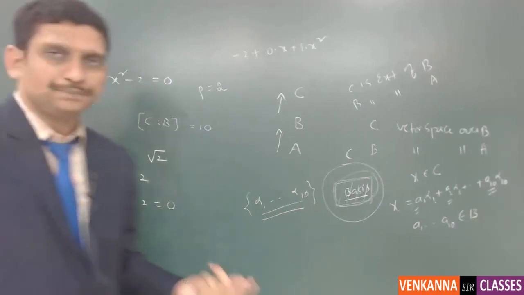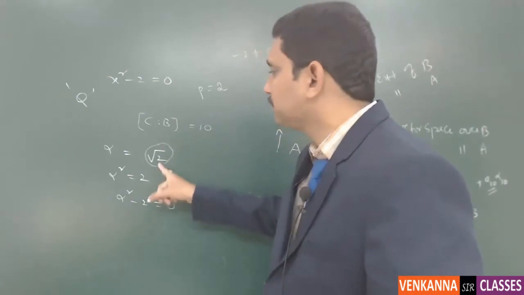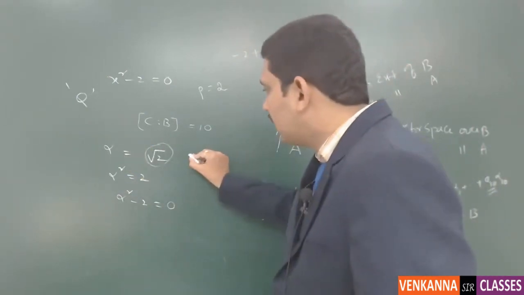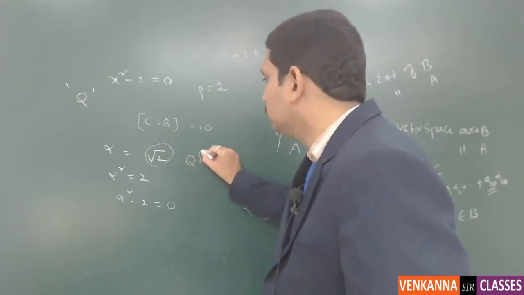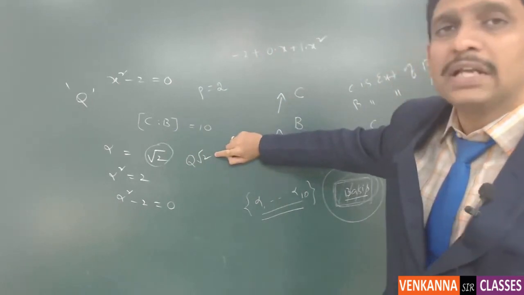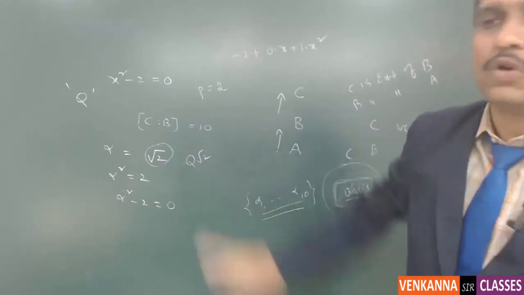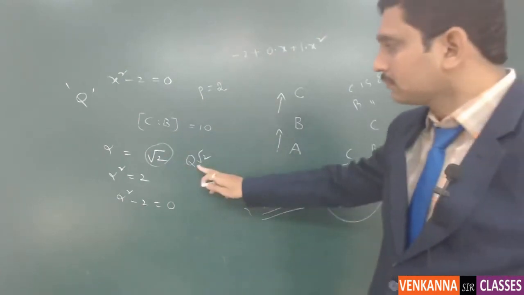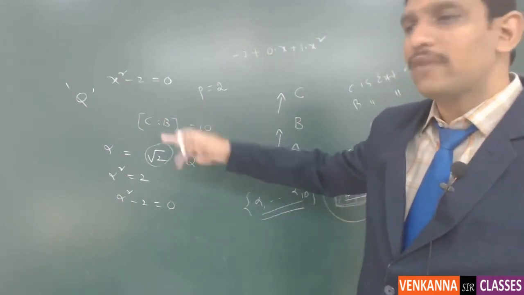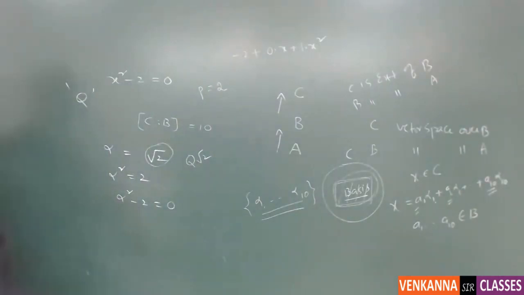Now, what happens if you consider this value exclusively on Q? I will take a new set, Q of root 2. Don't misunderstand it as the Z of root 2 you took earlier; that set is different. Don't compare these two. Apart from the rational numbers, it contains one more value, that is root 2. So this Q of root 2 is a field.